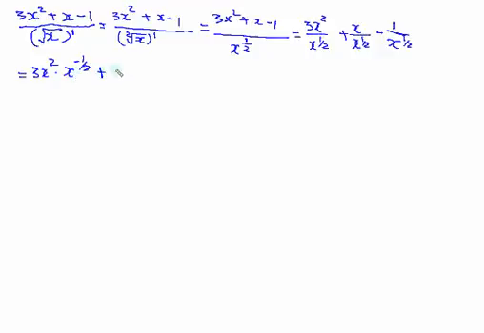Okay, now then you have x dot x to the minus half. Then you got minus 1 times x to the minus half. Okay, now from here, now you're having the same base here, x, so you can actually combine the power. So it's 2, this multiply here, so it's plus.